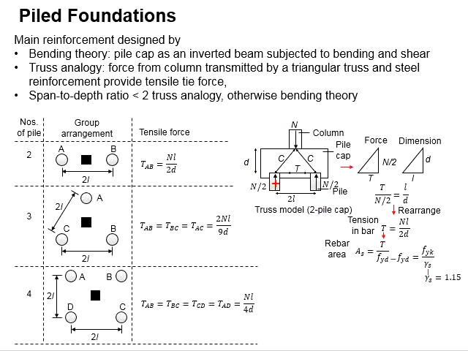And the distance between two piles will be equal to 2L as assumed, and the depth of the reinforcement from the top surface of the pile caps is considered as d. Based on the analogical truss here, if you look at this part, this forms a triangle.